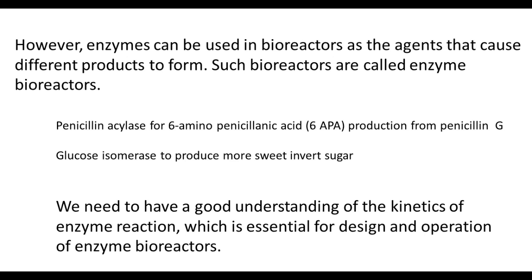And as before, we need to have a good understanding of the kinetics of the enzyme reaction. Earlier we looked at the kinetics, the rates of growth and the rates of product formation. Here we need to have a good understanding of the kinetics, or the rates, of enzyme reaction, and they become essential in the design and operation of enzyme bioreactors.